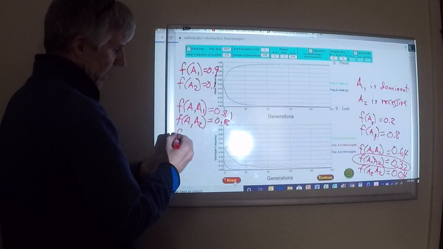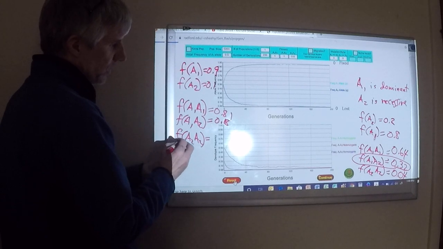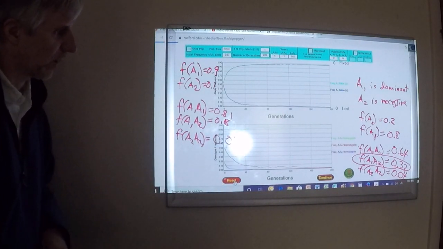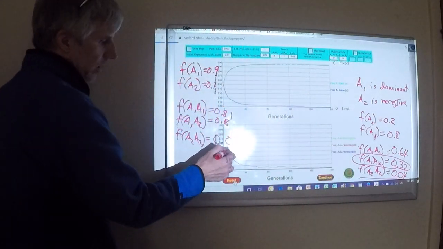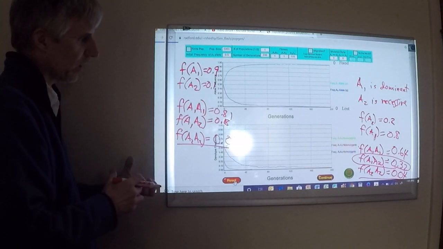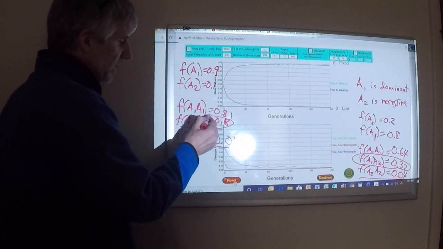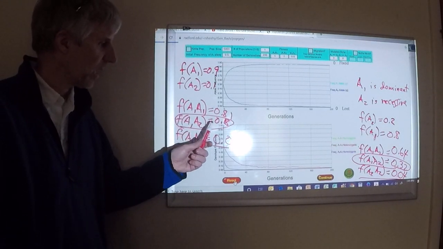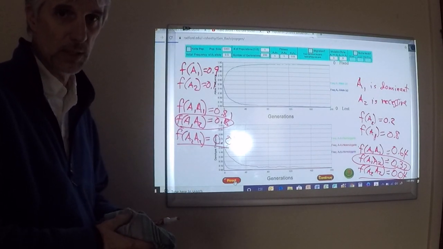And the frequency of the A2A2 is equal to 1%, 0.01, right? We're continuing as we go along to move the A2 alleles out of the homozygous recessive. They're still in the population, but they're hiding as heterozygotes. Natural selection cannot see these.